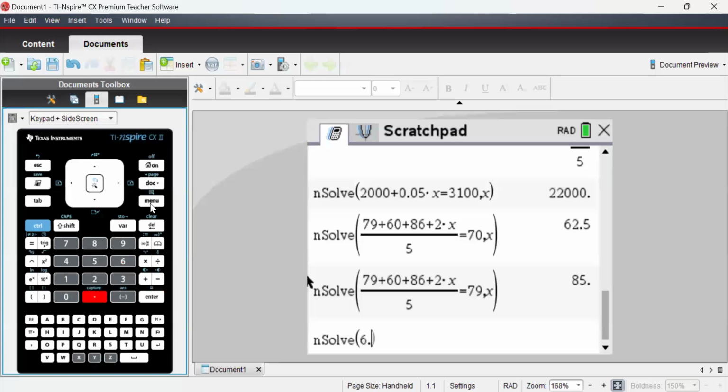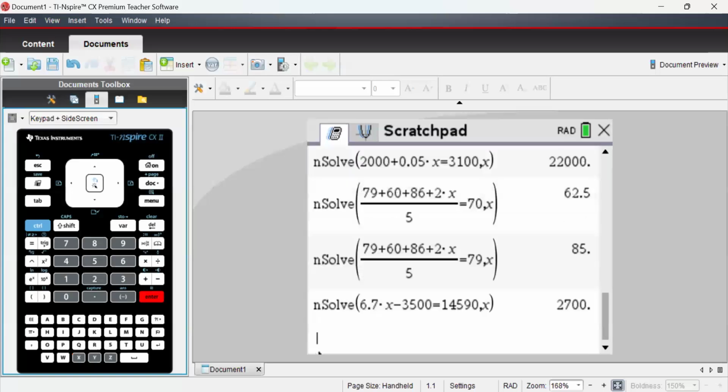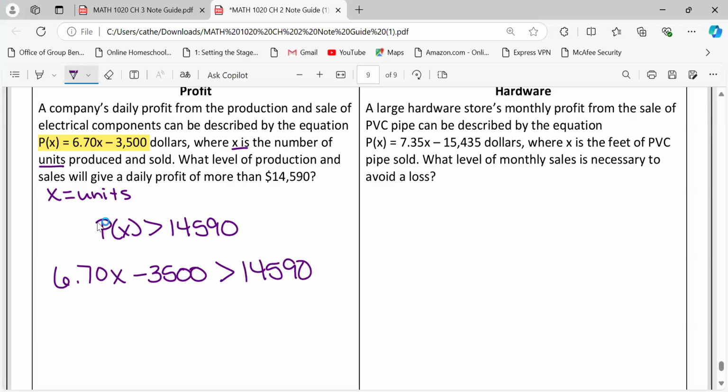I'm going to double check real quick. 14590, comma X at the end. Hit enter. So 2,700 units.